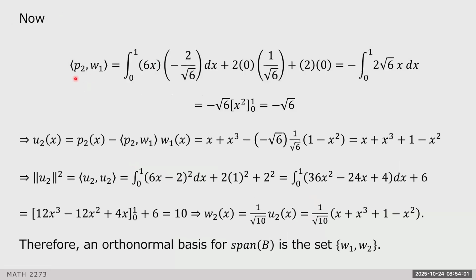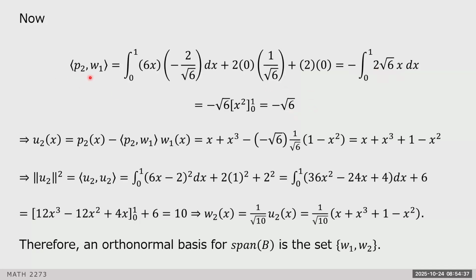So the inner product between P2 and W1 is given by the second derivative of P2 multiplied by the second derivative of W1, so you can verify it, plus 2 times the evaluation of these at 1, plus 2 times the evaluation of these at 0. And that gives minus the integral from 0 to 1 of 2 root 6 x. So you all could integrate this and you get minus root 6.